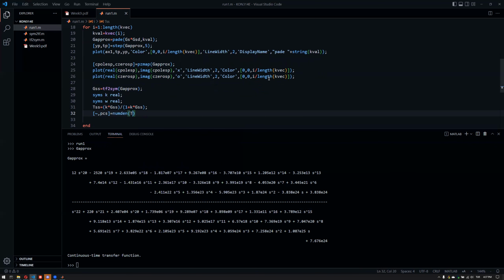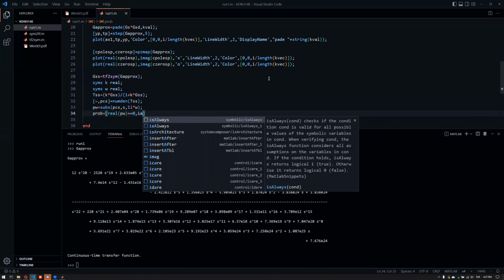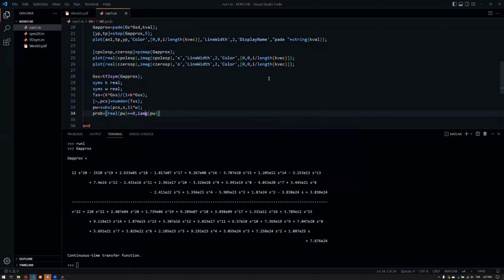I'm omitting the numerator here. We have that. Now, I'm going to substitute into PCS the characteristic polynomial. Instead of s, I have 1i omega. The problem that I'm going to solve is basically the real value of p omega should be 0, and the imaginary value of p omega should also be 0.